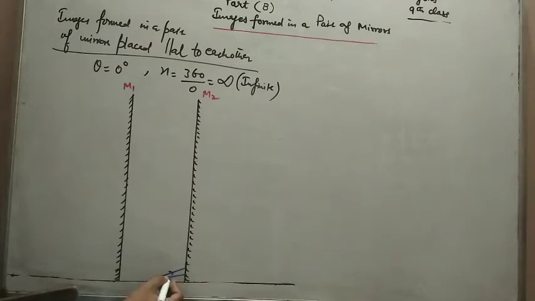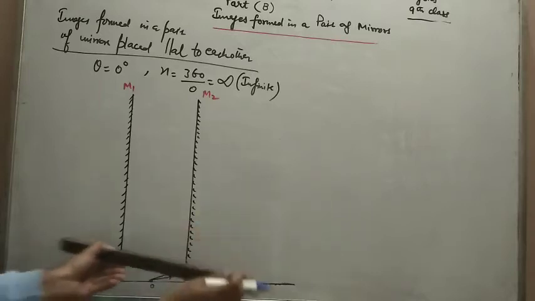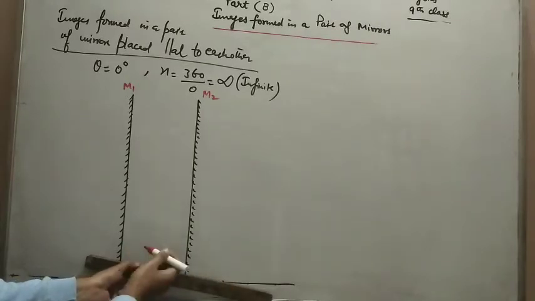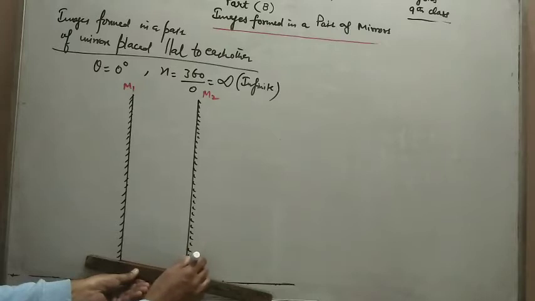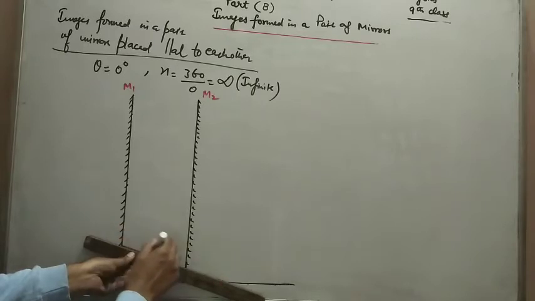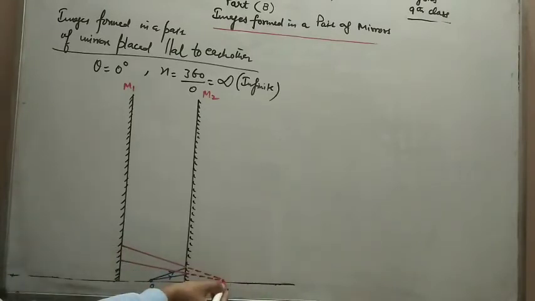This is the initial position, and here is the first image, number 1, forming on this side, and you can draw the virtual image in this way. Here, this is the virtual image, I1.